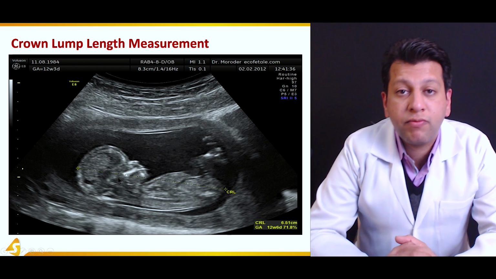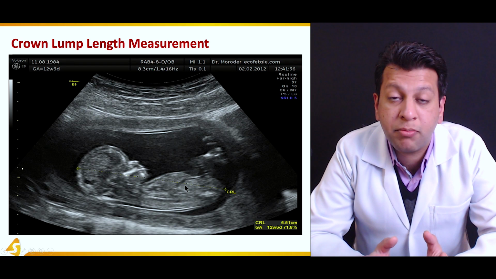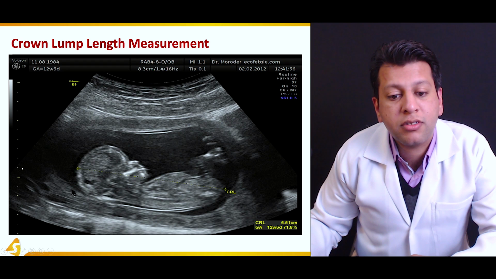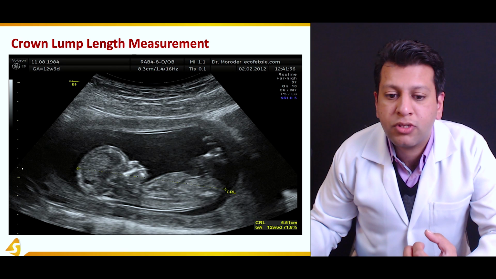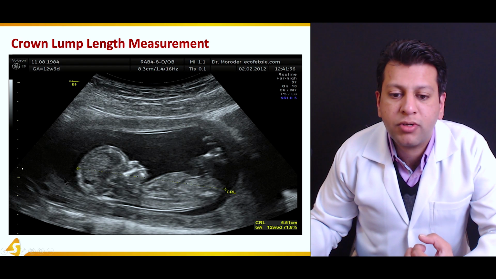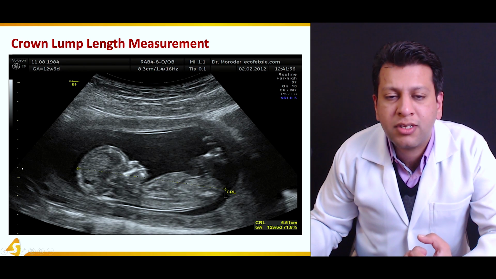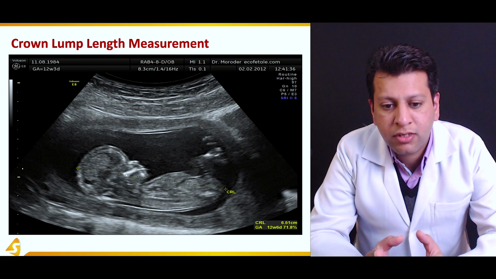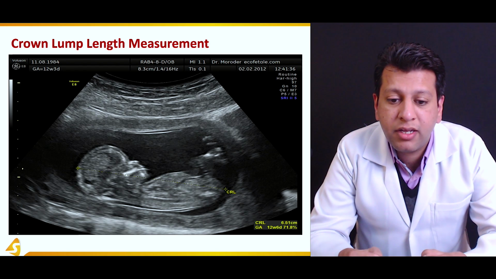There are also controversies, because this is highly inter-observer dependent. For example, if I think this is where the vertex is, I will put one point here. But another radiologist may think the vertex is over here, and then the length would be slightly different from the one I measure.